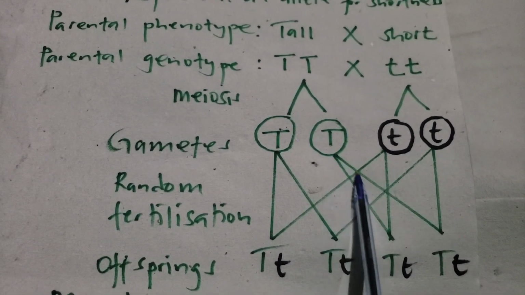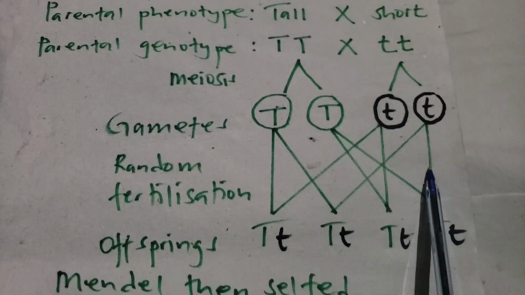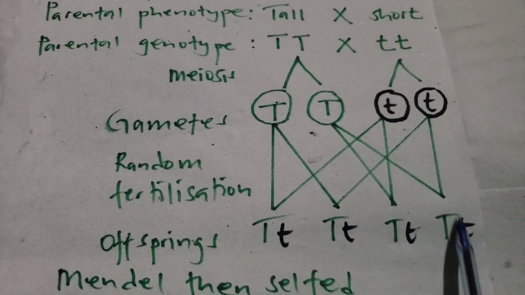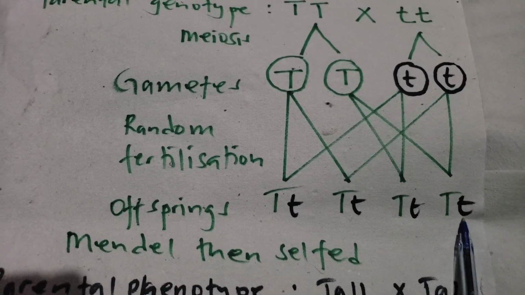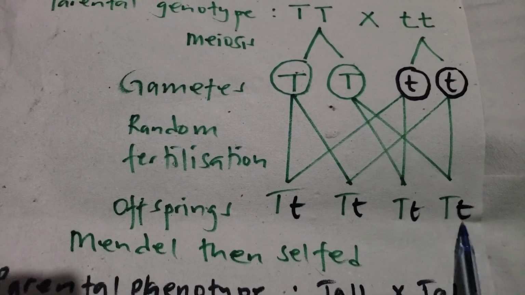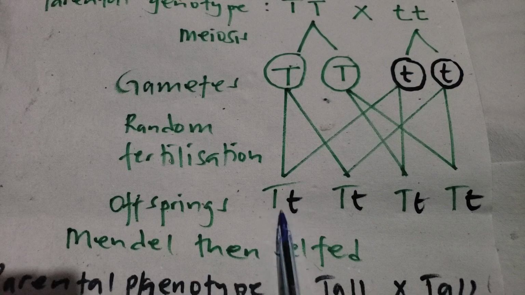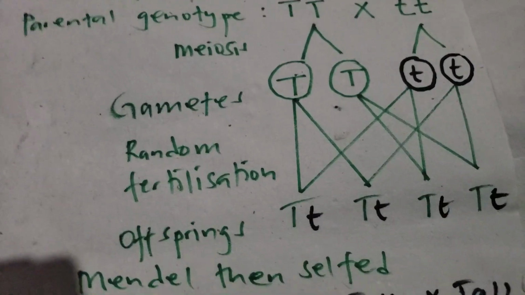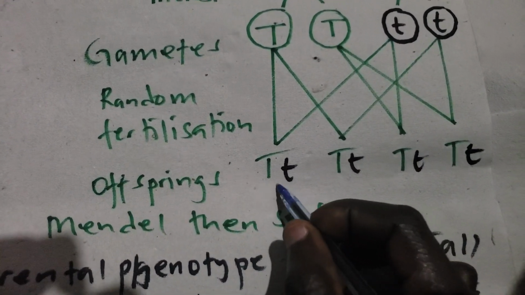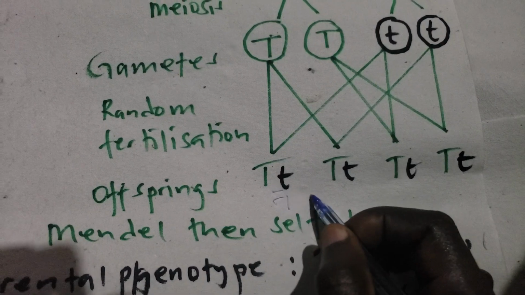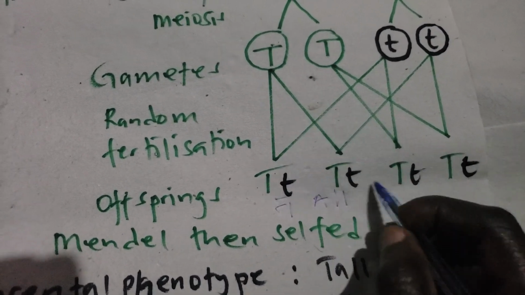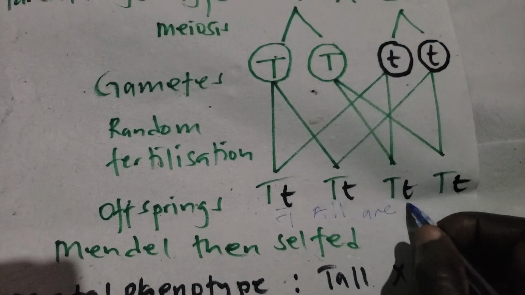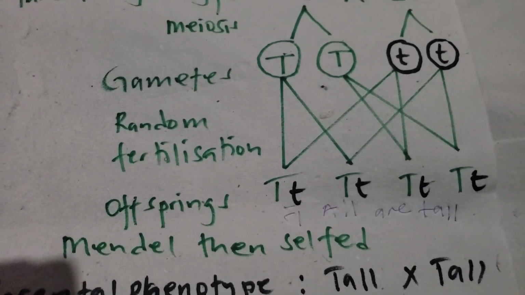Then even this one goes with the other one, so we have capital T, small t. Now these ones are called the offspring. We will see that the F1 generation, or F1 offspring, all are tall.